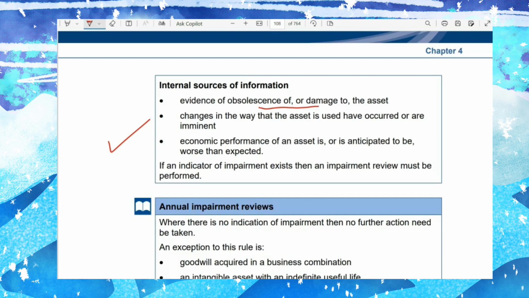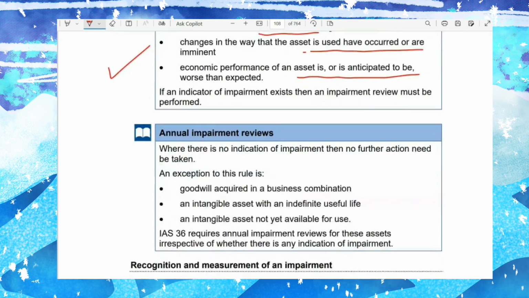The change in the way the asset is used, which has occurred or is imminent, can also be a reason. Economic performance of an asset anticipated to be worse than expected. With IT-related things there is no guarantee of long-term use, so it can be impaired within 12 or maybe 24 months. In annual impairment reviews, if there is no indication of impairment, no further action needs to be taken.